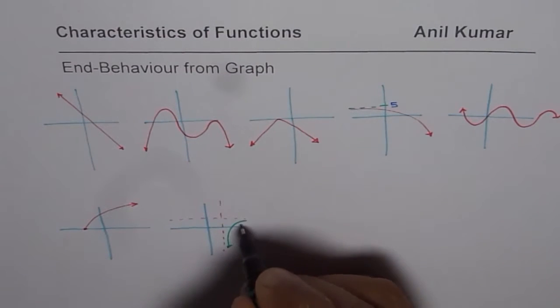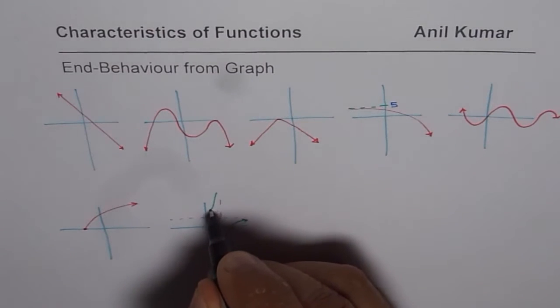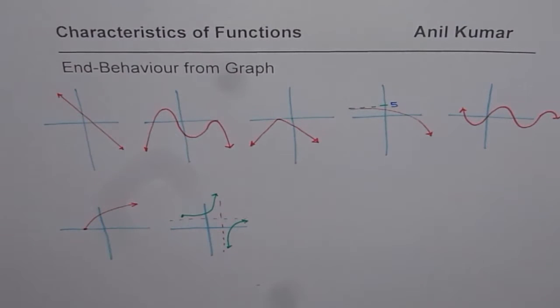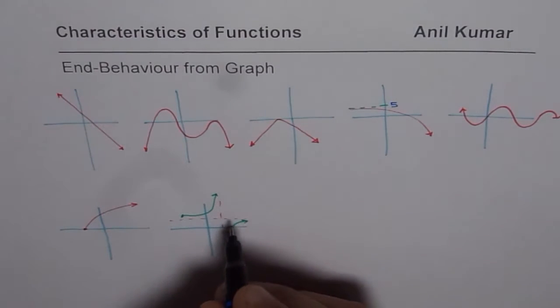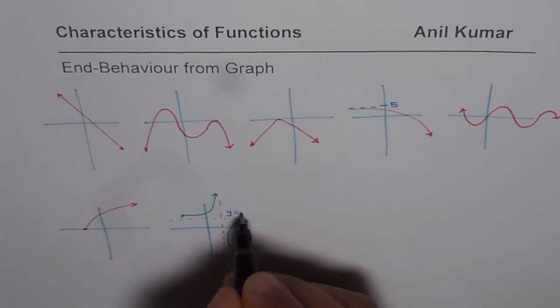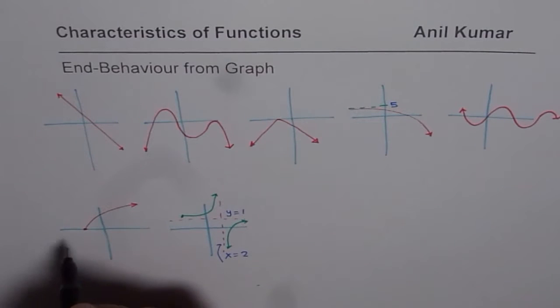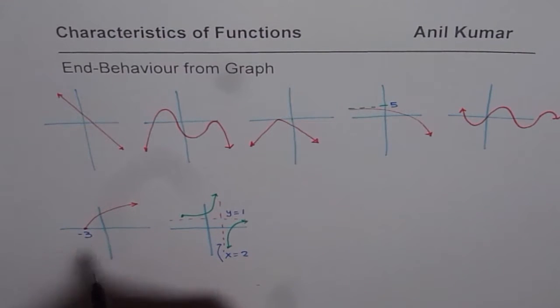So that is how it looks. Here we have a horizontal asymptote, y equals 1, and a vertical asymptote, x equals 2, and let me say this point is minus 3.